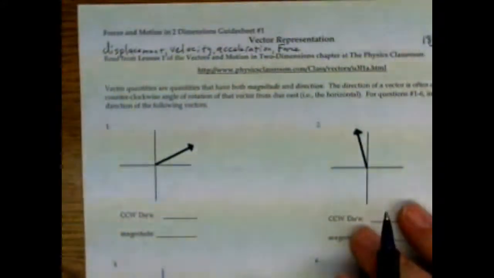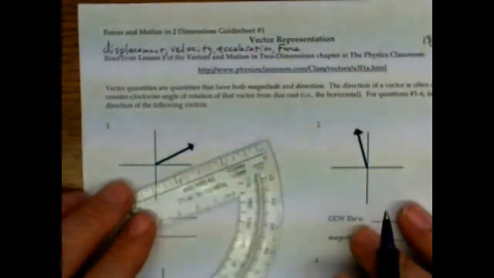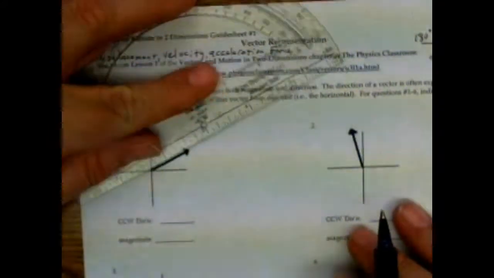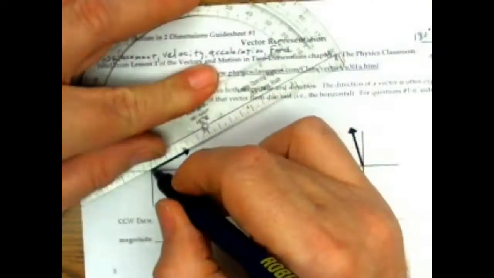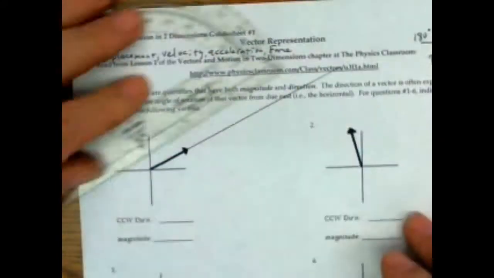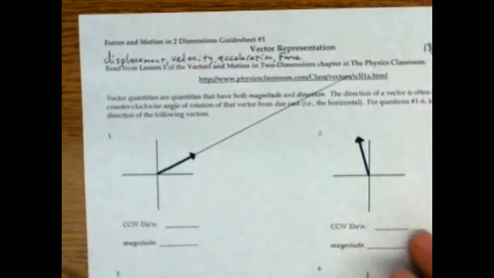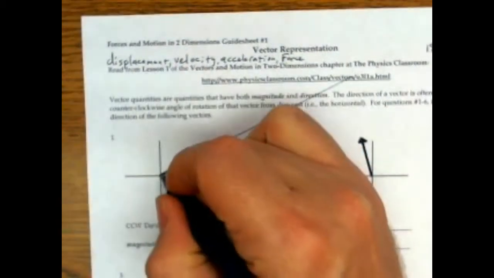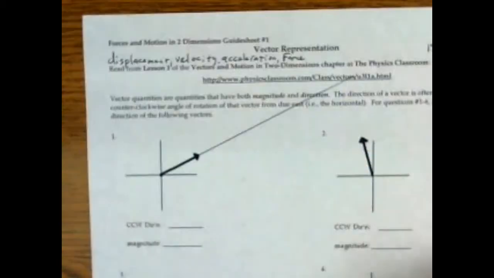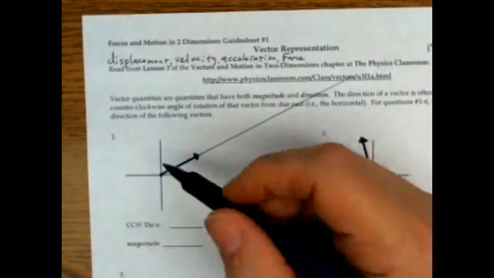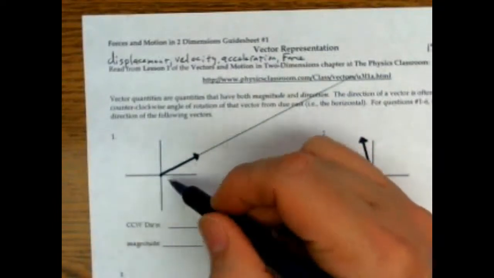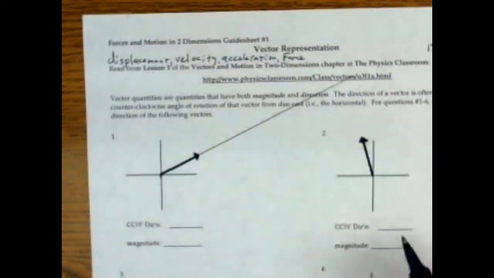Okay, so measuring the angles of a vector. Here's my vector. Now, my protractor is too large to measure this vector right now, so the first thing I'm going to do is extend it by drawing a straight line that I can then measure with the protractor. When I'm using the protractor, I'm going to want to put the center of the protractor on the crosshairs, right here where the x and y axis meet.